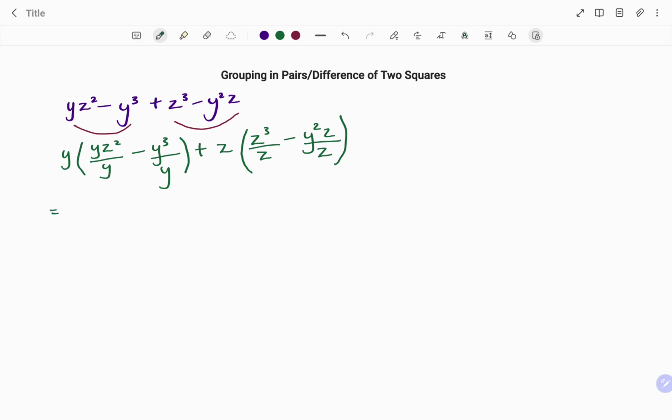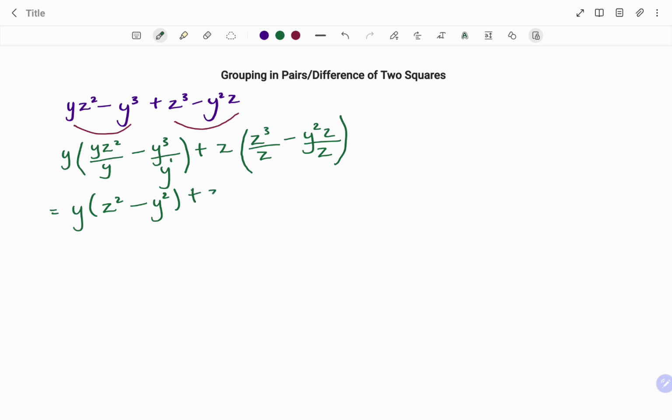Applying the laws of exponents, the y in y goes off, so I still have my y outside. Then I have yz squared divided by y. The y goes off. I'm left with z squared minus, applying laws of exponents, if the bases are the same, you subtract the powers. So I have y to the power 3 minus 1. There's an invisible 1 here. So 3 minus 1 is 2. I'm left with y squared.